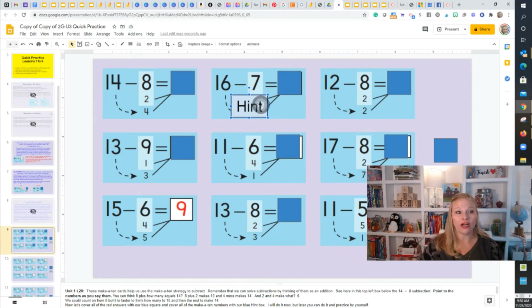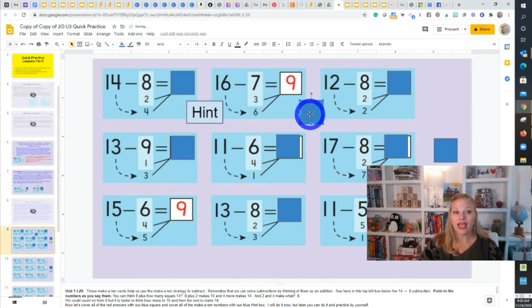Let's do it together. 7 and 3 make a 10, plus 6 more makes 16. Altogether, grab my counter or my pointer here, altogether that makes what, everyone? 9. Let's say it again. 7 and 3 make a 10, add 6 more, make 16. Altogether, we counted up 9.